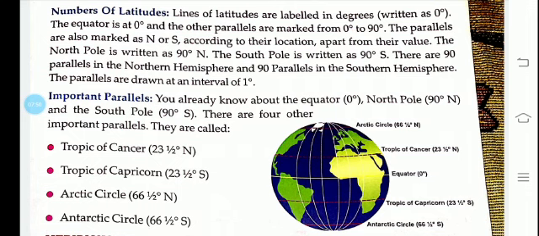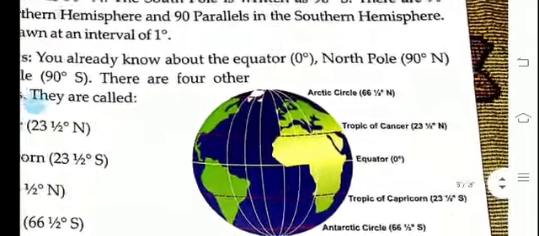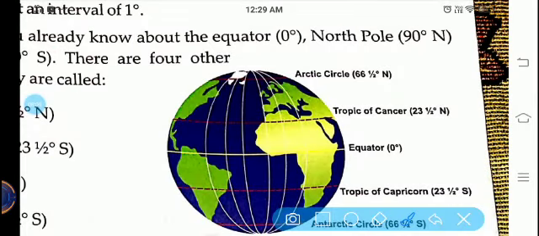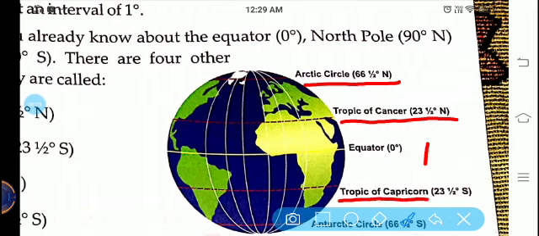Apart from these, we have 4 other important parallels. First one is the Tropic of Cancer, that is 23.5 degree north. As you can see here in the picture, this is the Tropic of Cancer, 23.5 degree north. Then this is the Arctic Circle, 66.5 degree north, that is N. If we talk about the southern hemisphere, there it is the Tropic of Capricorn.